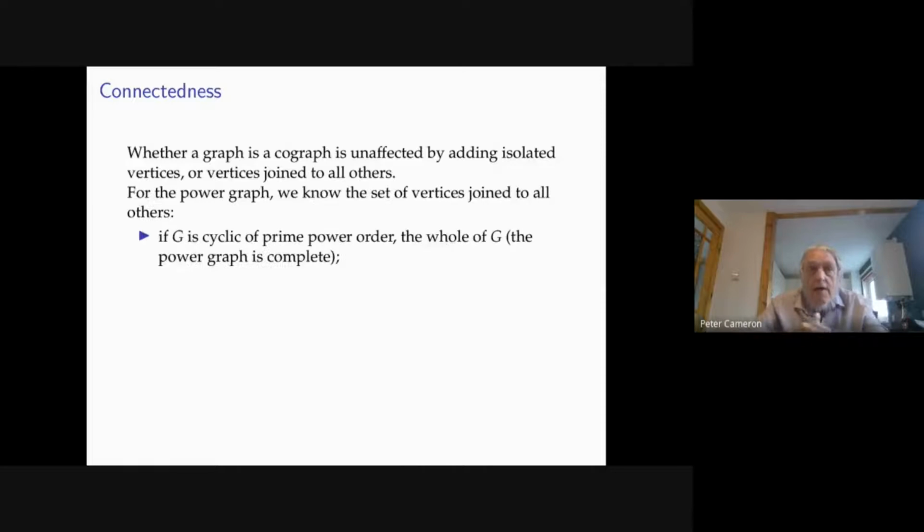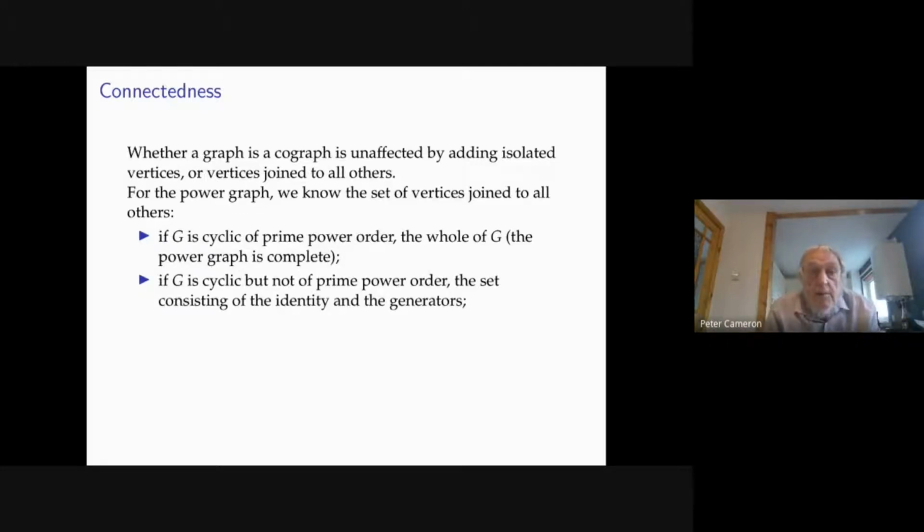But let's look at the power graph. It's known what the vertices joined to all others in the power graph are. There are no isolated vertices, but there are vertices that are joined to all others. If G is cyclic of prime power order, then the power graph of G is the complete graph, and therefore everything is joined to all other vertices.